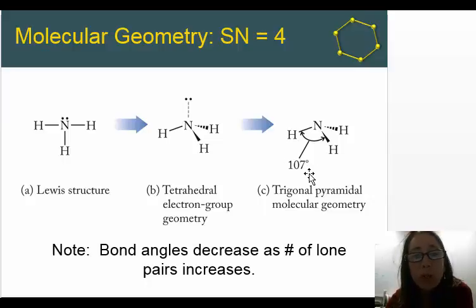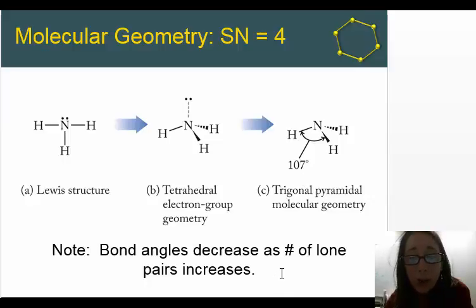So if we look at our bond angle, tetrahedral bond angles are 109.5. There's 1 lone pair, which again is big and fluffy, so our bond angles are going to be less than 109.5. In actuality, when we measure the bond angles in ammonia, which is what this molecule is, we find that they're 107, which makes sense, less than 109.5.